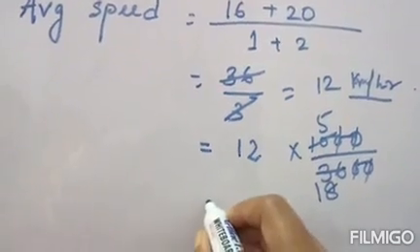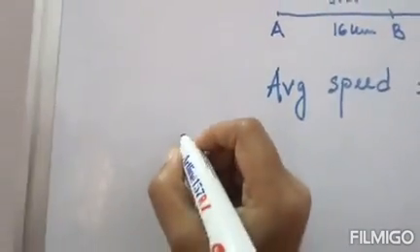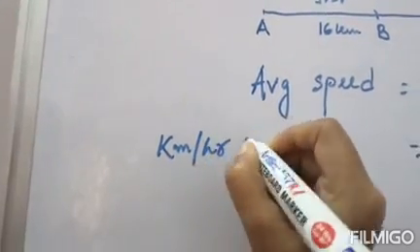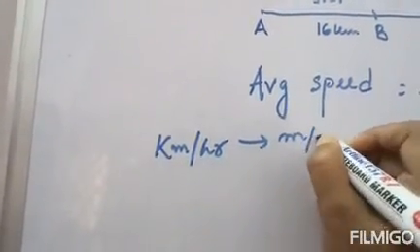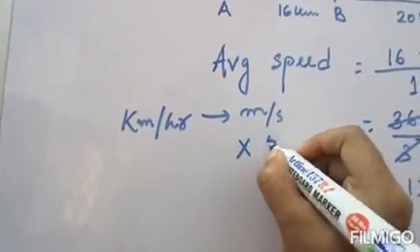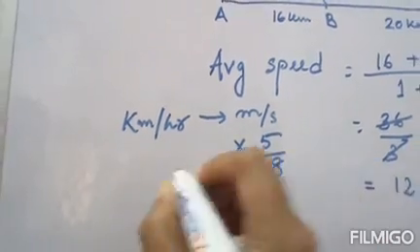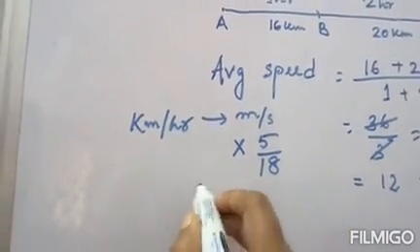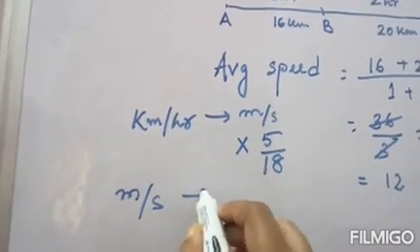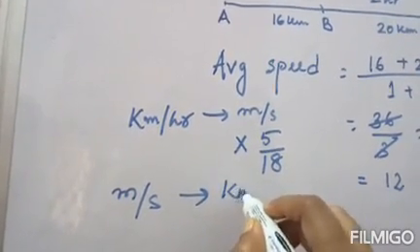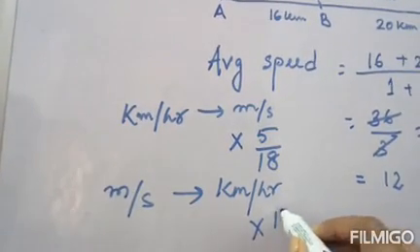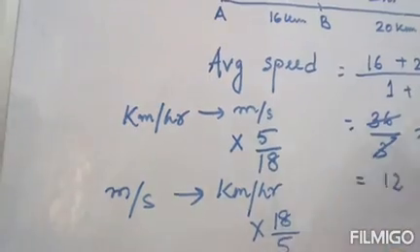Whenever we convert kilometer per hour to meter per second, we always multiply by 5 by 18. And if we want to do the opposite, from meter per second to kilometer per hour, we multiply by 18 by 5.